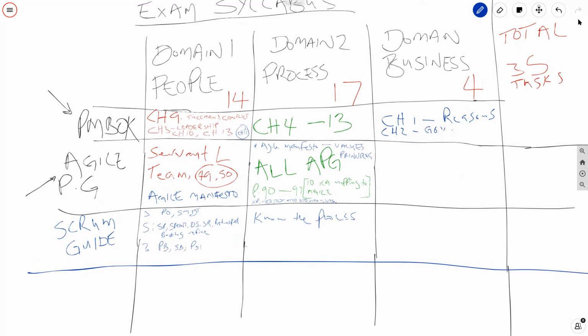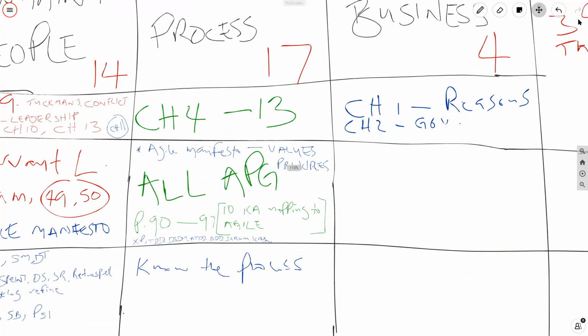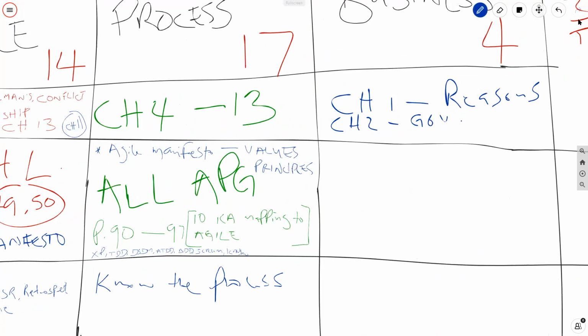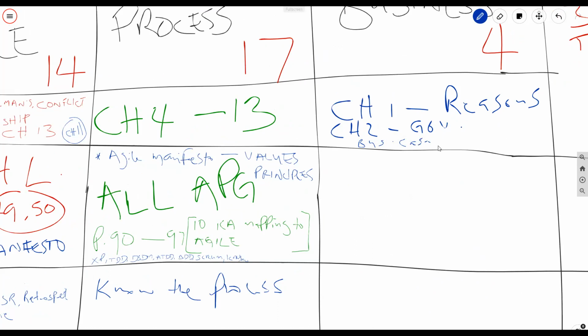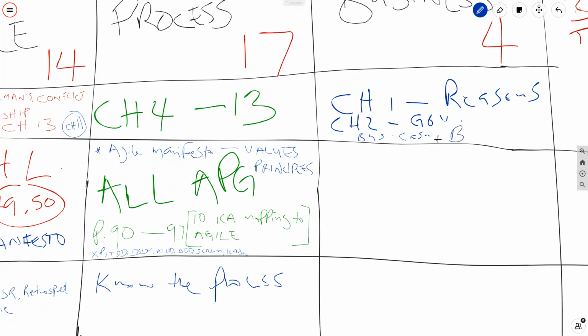And you have mentions made all throughout the PMBOK guide regarding these things. You got to understand the business case, and you got to understand your benefits management plan. Okay, these are talked about in chapter 1 as well. And they are all throughout. You got to understand tangible and intangible value and all that stuff.